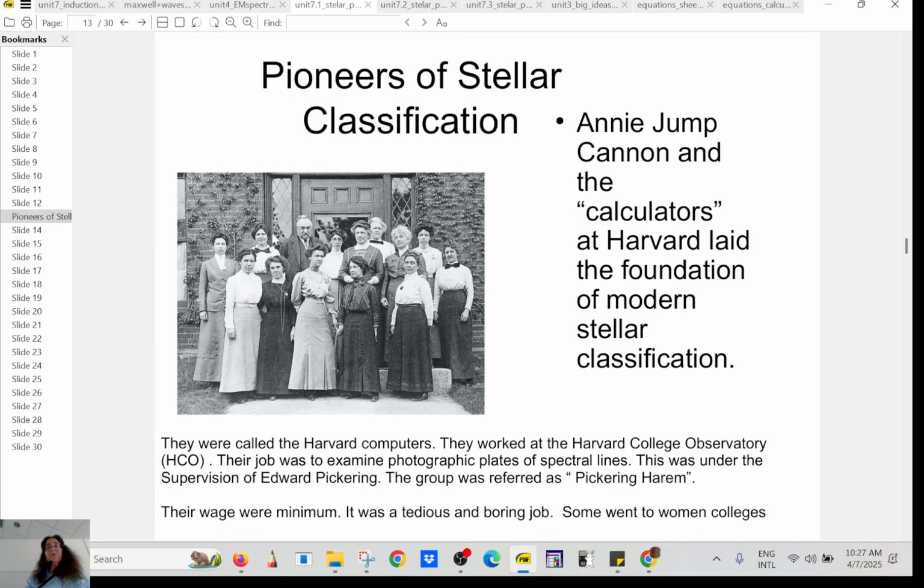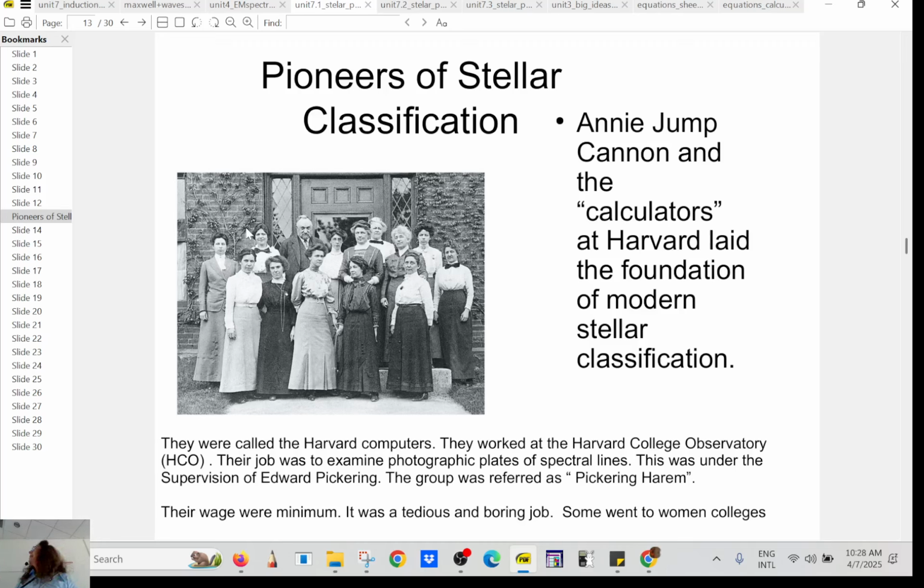They were working for Harvard University at a branch of Harvard called the Harvard College Observatory. It was only women, and the guy in charge was a man, obviously. His name was Edward Pickering, so he has a funny name, and they used to call that Pickering's harem. Of course, you cannot do that joke today. That was back then, and they were all very passionate about their job, but very poorly paid.